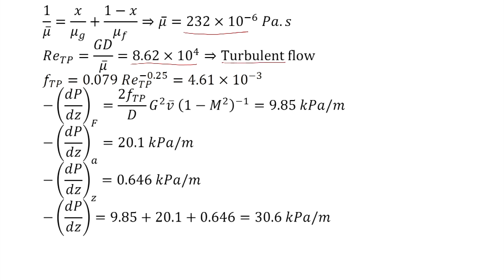So, using the Blasius relation we get the friction factor as 4.61 into 10 raised to minus 3. Now, using this friction factor we get the frictional pressure gradient as 9.85 kilopascal per meter. The acceleration pressure gradient is the same as before, the gravitational pressure gradient is also the same as before, and by adding all of these we get 30.6 kilopascal per meter.